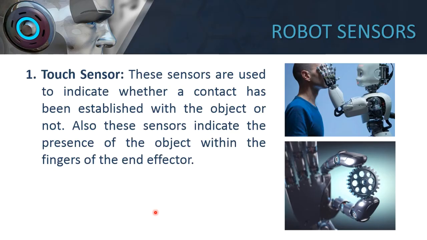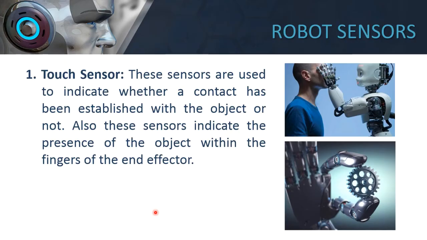For example, you touch a hot object, you will come to know that the object is hot. You touch a cool object. So how do you actually get the signals? By skin. That skin, which is similar in the robot, we call tactile sensors.